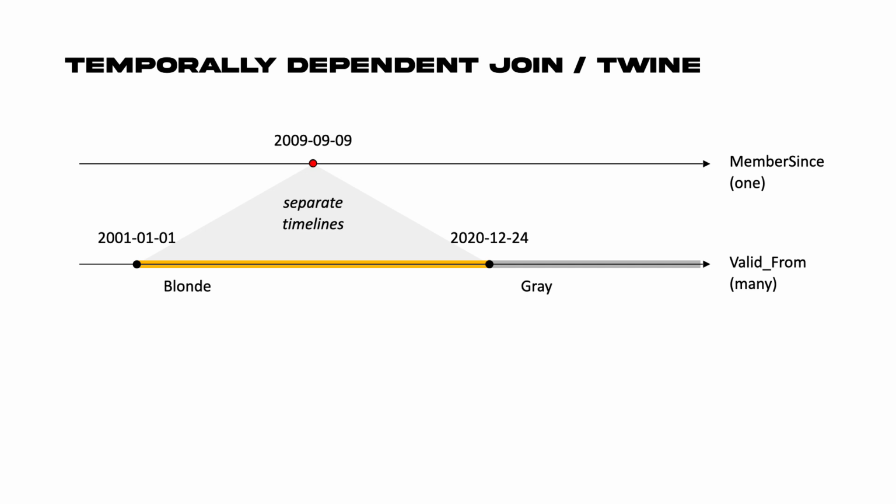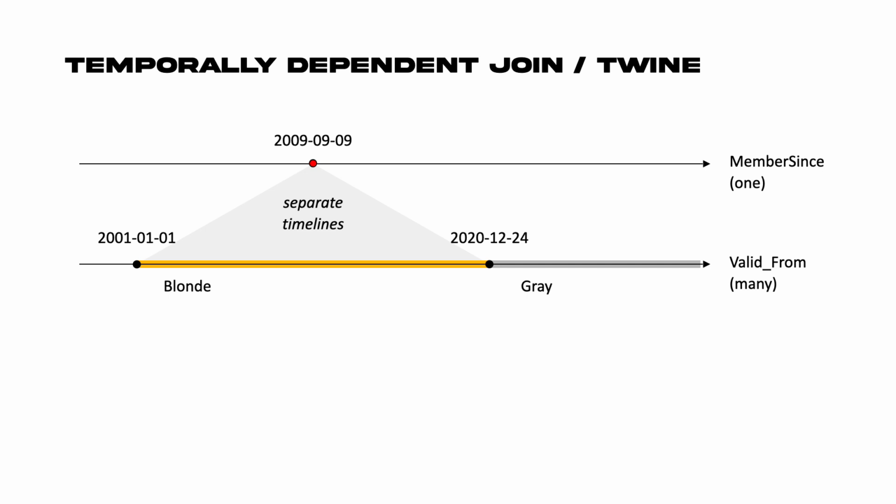So basically what we are doing now with the join is to look at these two different timelines that we have for a person and finding the point in time.